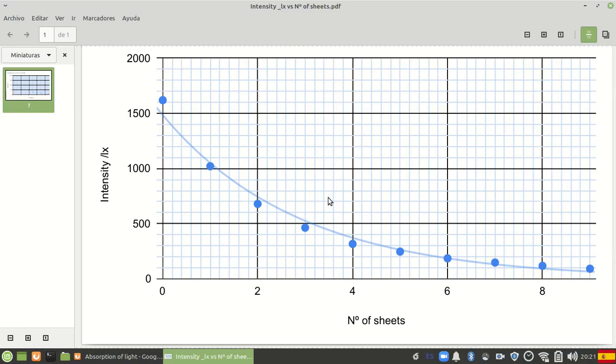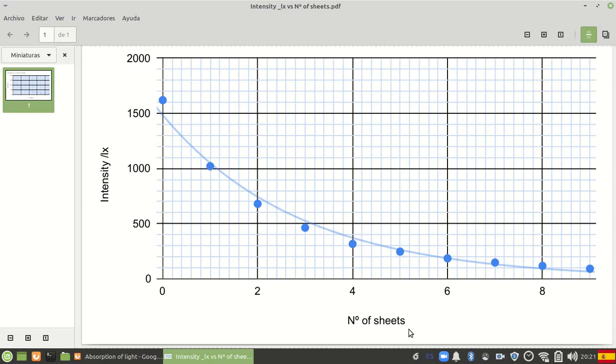This is exactly the same as what real scientists would do investigating absorption by certain materials. The only difference in our experiment is that we haven't actually got a thickness down here, because we don't have what we need at home to measure the thickness of those sheets of paper.